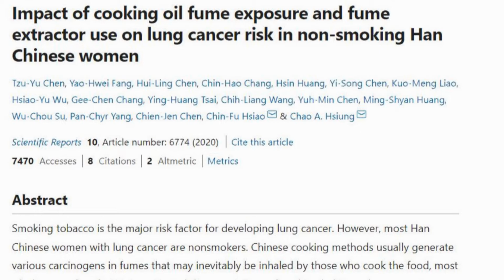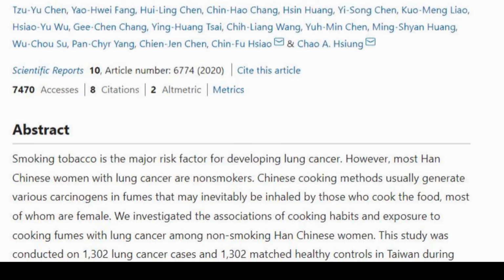The level of increase in lung cancer is definitely higher even though it is very low. In this research study, the results demonstrate that the risk of causing lung cancer by exposure to cooking oil fume is far less than cigarette smoking.